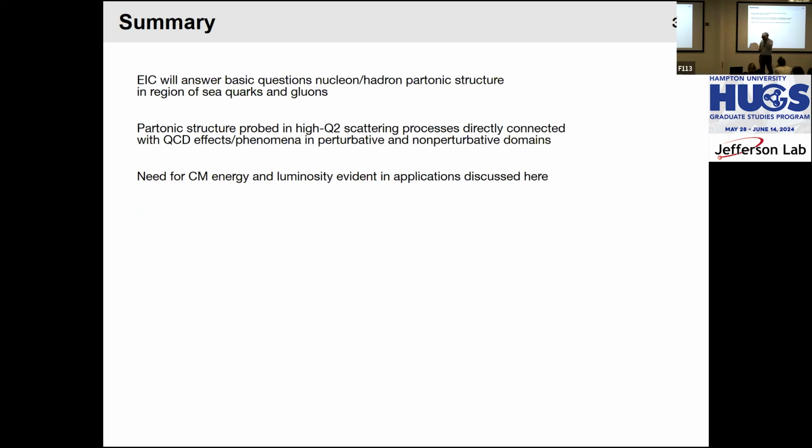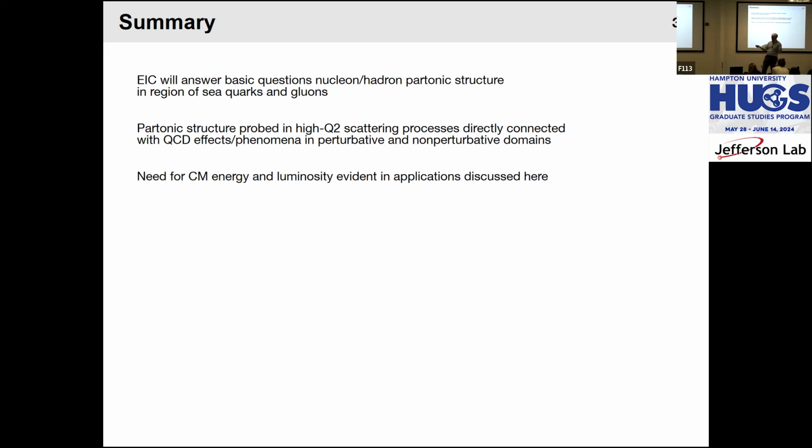So in summary, the EIC will answer basic questions about nucleon and hadron partonic structure in the region of sea quarks and gluons. The partonic structure probed in high Q-square scattering processes can be directly connected with QCD effects on phenomena, both in the perturbative and non-perturbative domain.